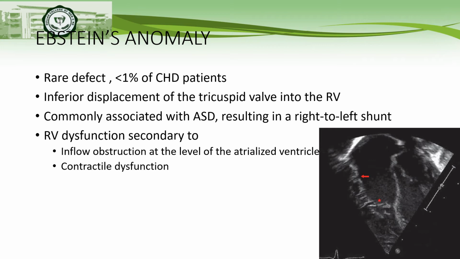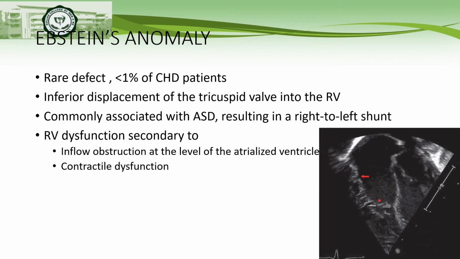RV dysfunction occurs in patients with Ebstein anomaly because of two basic mechanisms. One, there is inflow obstruction at the level of the atrialized ventricle, which produces ineffective right ventricular filling, and two, contractile dysfunction, inflow obstruction and tricuspid regurgitation, which is exacerbated by progressive annular dilatation.